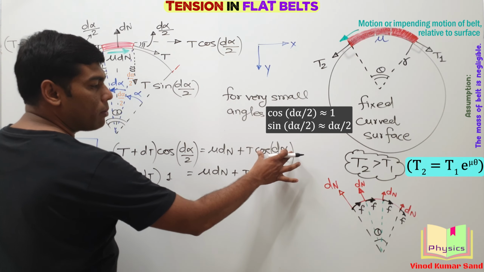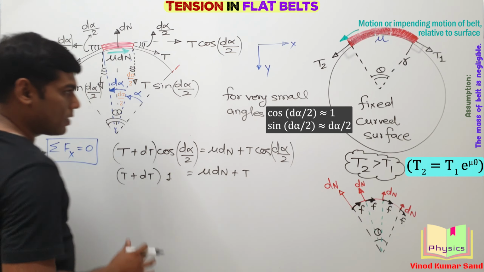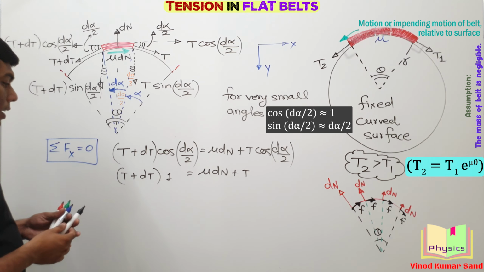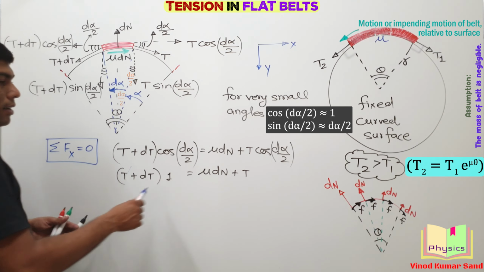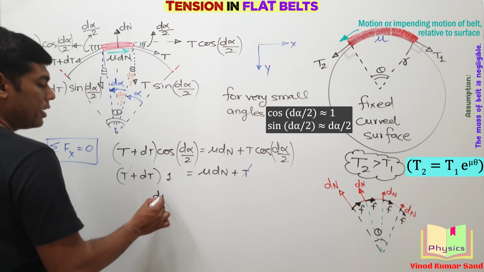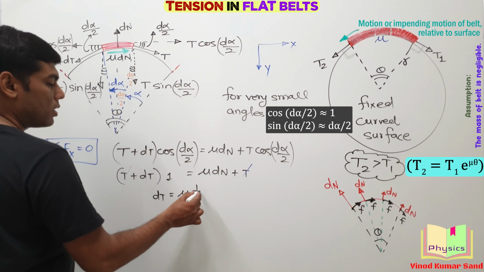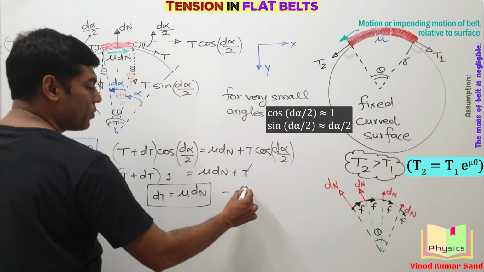So cos d alpha by 2 will become 1 for a very small angle. Okay, let's go further. This is an equation which we can simplify. This T and this T will get cancelled out. So finally we are left with dT is equal to mu times dN. We call it equation number 1.